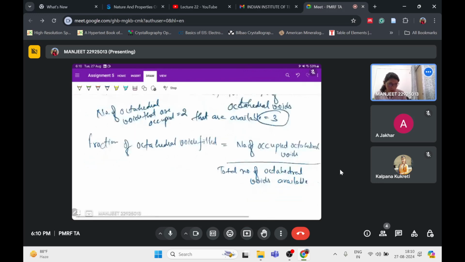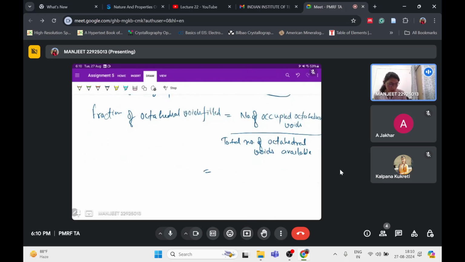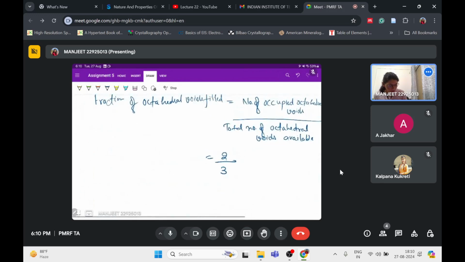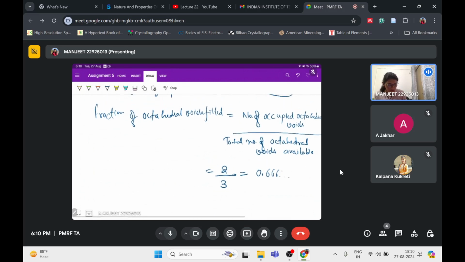The number occupied is 2 and the total number is 3, so the fraction will be 2 by 3. In terms of a number, it comes out to be 0.6666. Just a second.